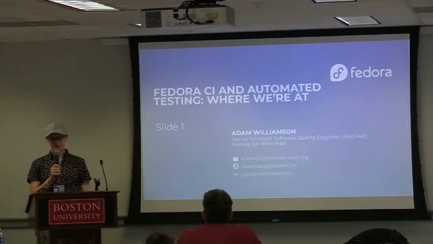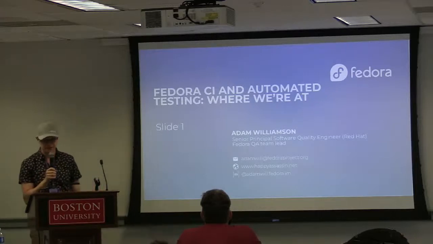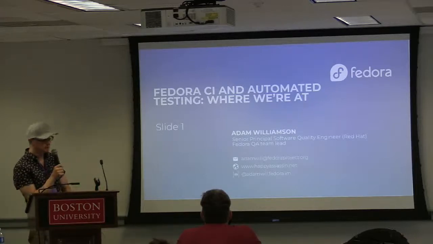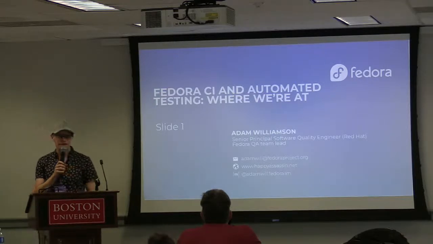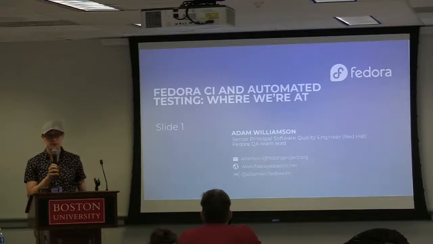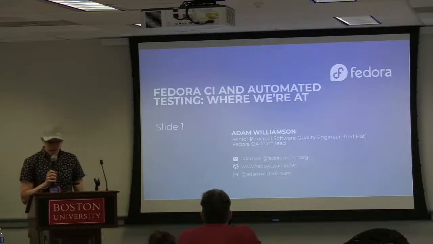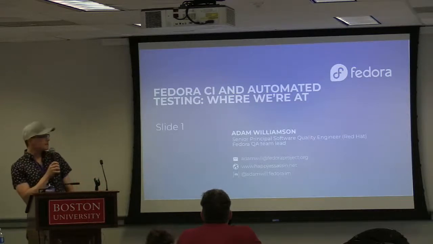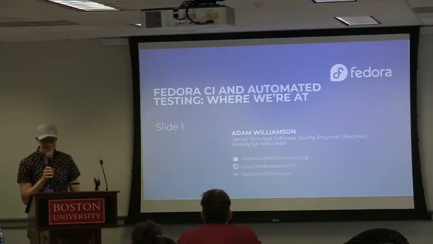There are going to be no funny pictures in this slideshow. I'm sorry, I'm not good at funny pictures. I want to thank Miroslav Vadkurti, from the Fedora CI team, who contributed some of the content on Fedora CI you're going to see as we go along. I've been at Red Hat since 2009, so I've been working on stuff for a long time.